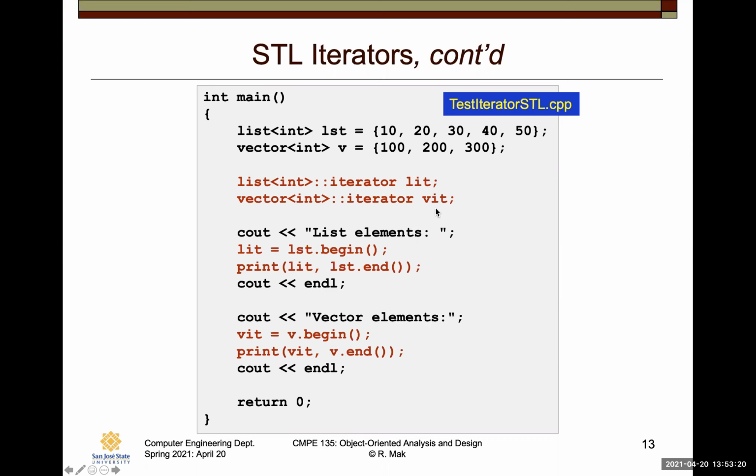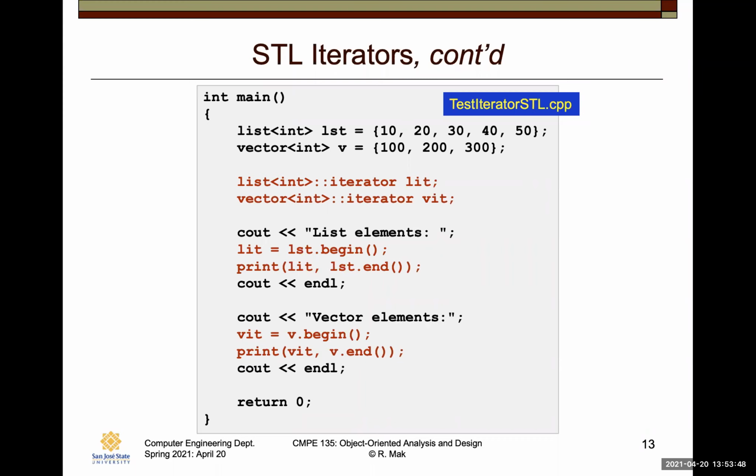And VIT, vector iterator, is the iterator associated with a vector of integers. Again, it's vector of int ::iterator. Now, just as before, I want to print out the elements of the linked list and the elements of the vector using the iterator.